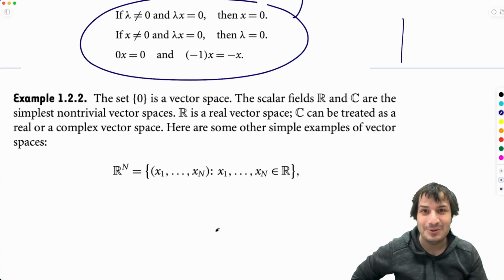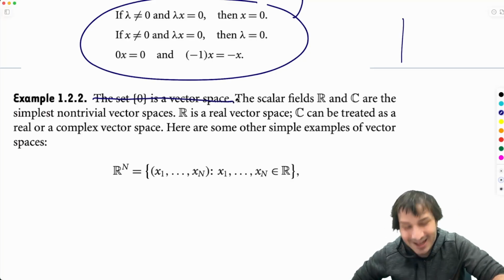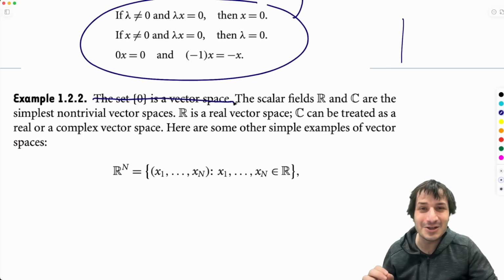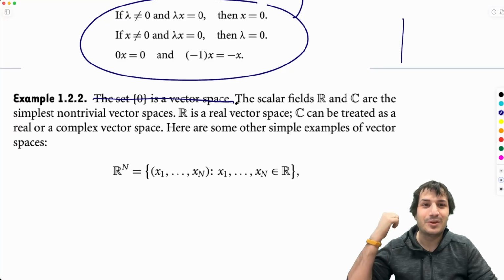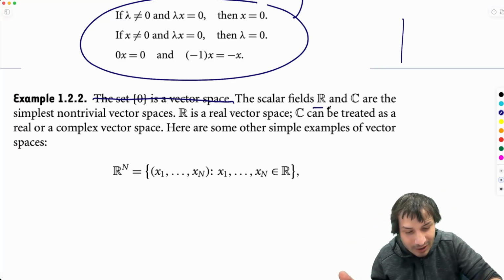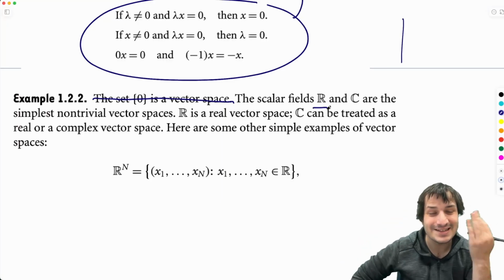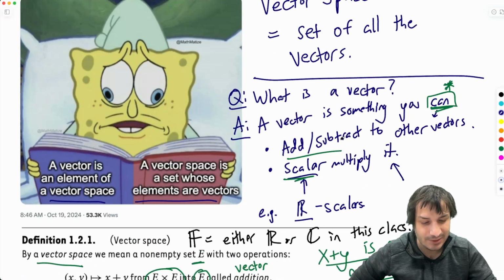Okay, first example, the set 0 is a vector space. This is a terrible example. Let's just skip this one. This is very confusing. Technically the 0 on its own satisfies all these things, but in a very vacuous, silly way. The scalar field R is the simplest non-trivial vector space. This is again kind of confusing because I said vectors are things you can add and subtract.